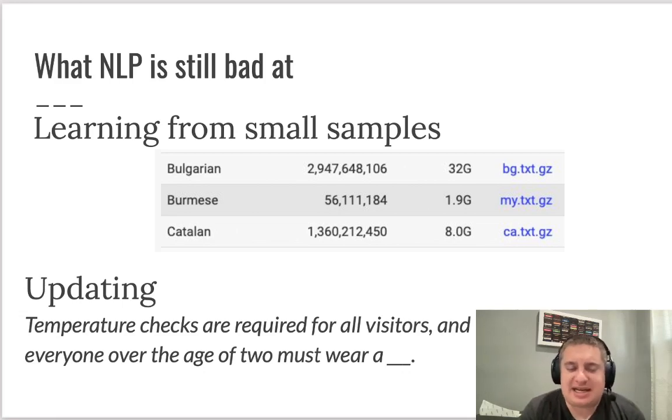Another problem is updating. Once we've built that model in 2012 or 2016 or 2018, developers often don't go back and update it. If I gave you this sentence, temperature checks are required for all visitors, and everyone over the age of 2 must wear a blank, then if you're living in the year 2020 or 2021, it's quite obvious that you would say must wear a mask.